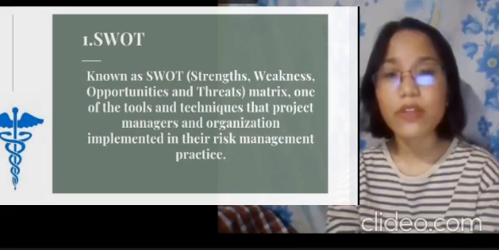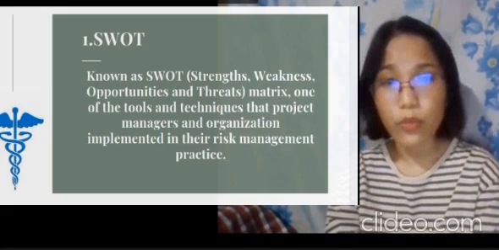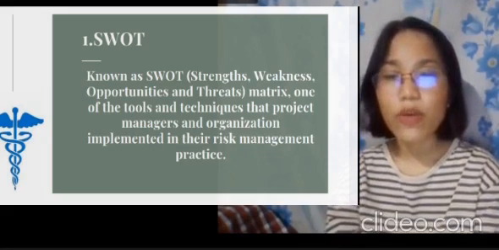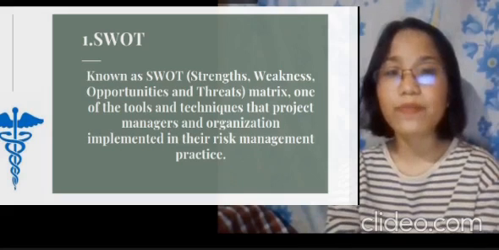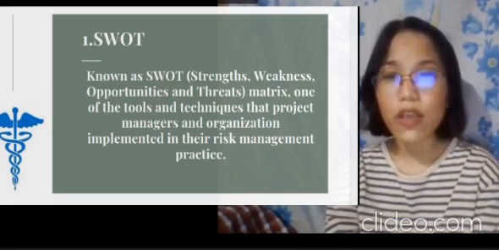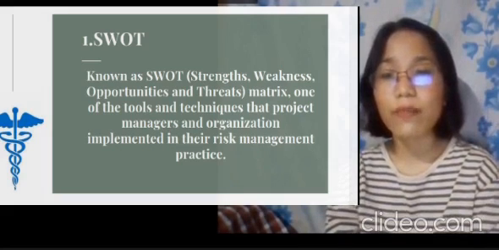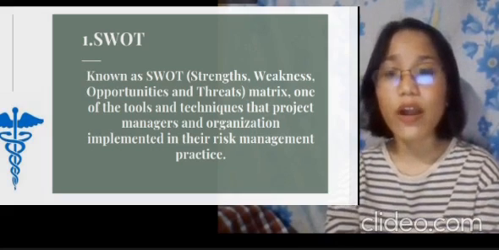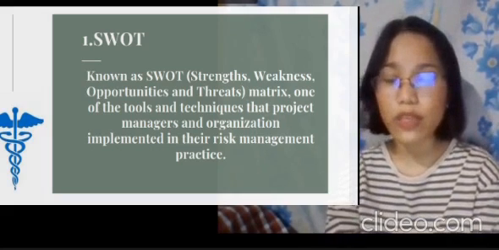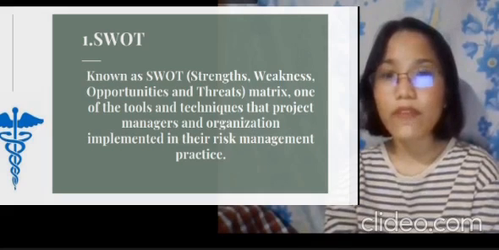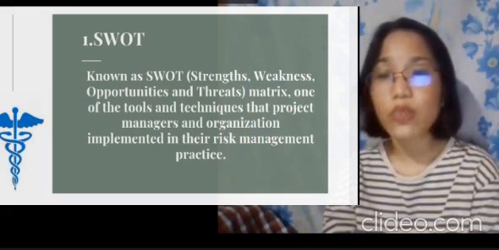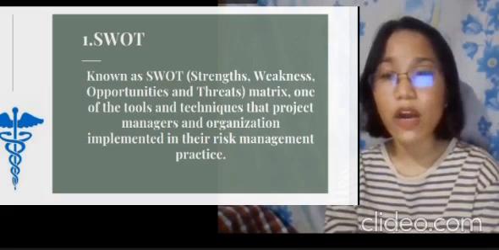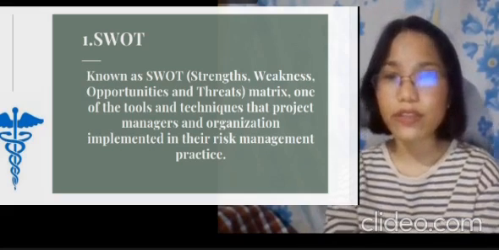For the upper right, we put the weakness. For the lower left, you will put the opportunities. And for the lower right, the threats. It should really be in the order S, W, O, T because it is difficult to compare if strength and weakness are not beside each other, the same with opportunities and threats.